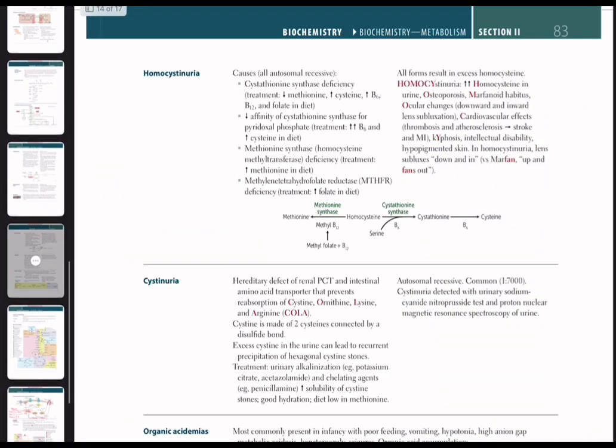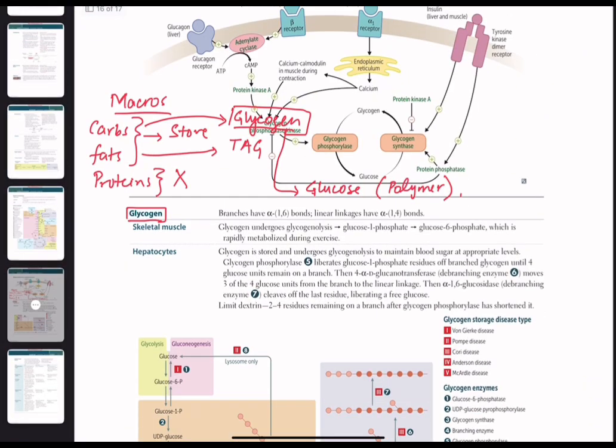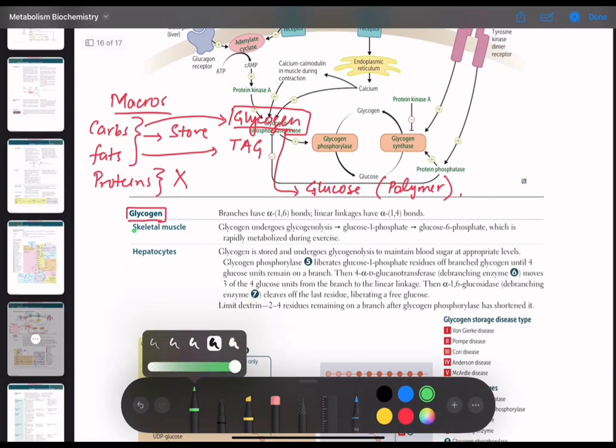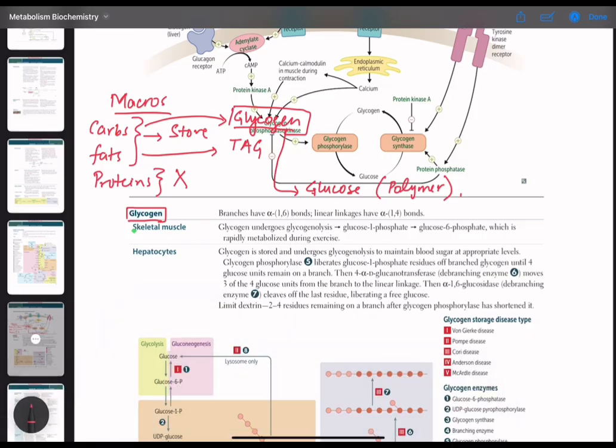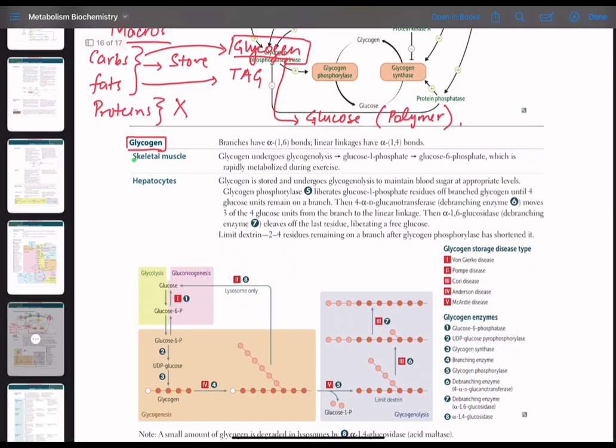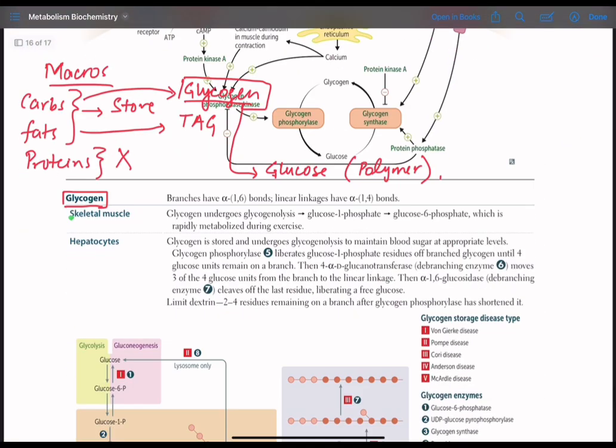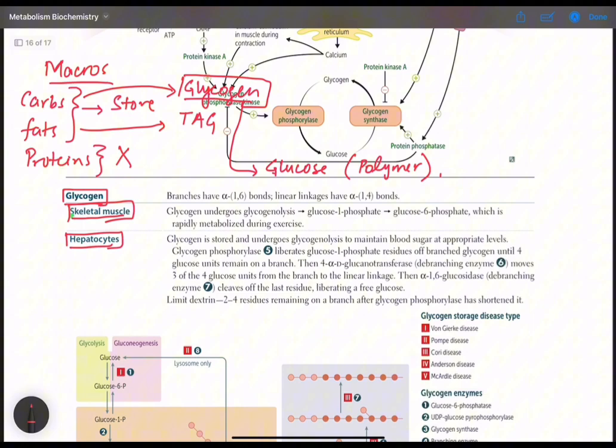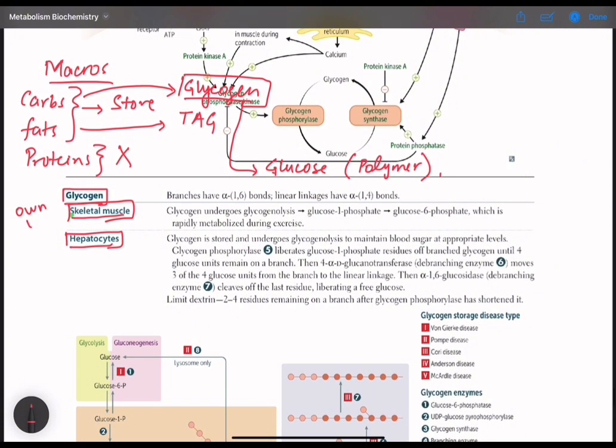Now let's come toward glycogen storage. Since glycogen is the storage form of carbohydrates in our body, it is stored in two organs: the skeletal muscle and the hepatocytes. The skeletal muscle stores it for its own use, and when muscles need it, it can undergo glycogenolysis and use it.